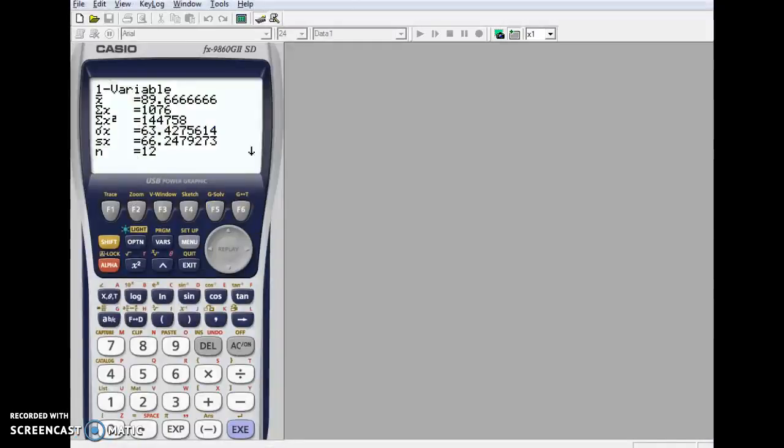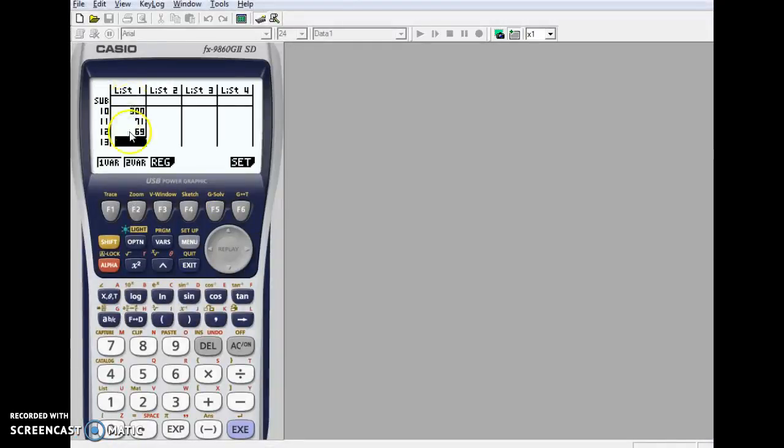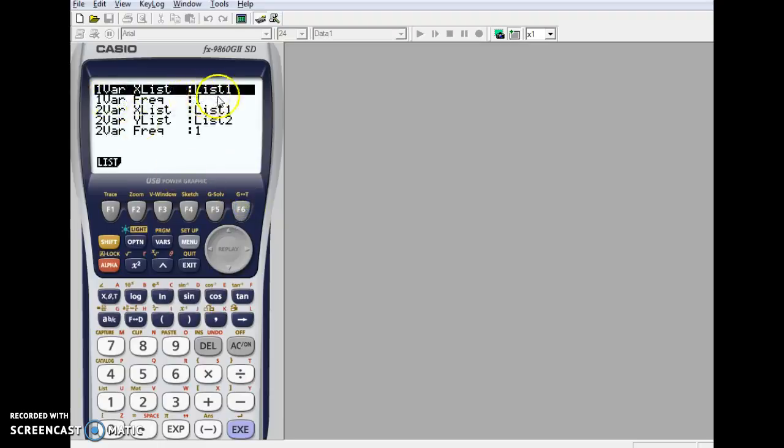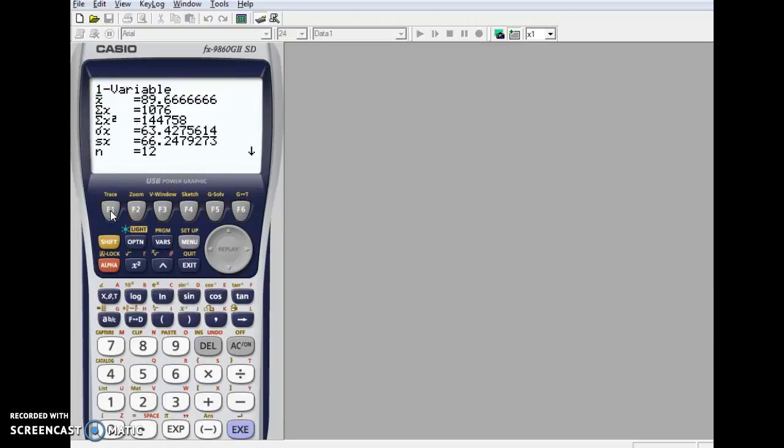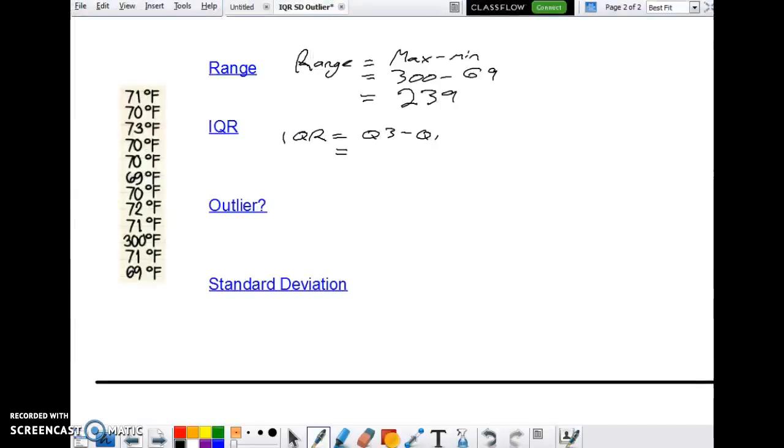So to do that, back to your calculator, chuck the data into this one, and then 1 bar. Now remember, set tells you what 1 bar is working off, so make sure it's this one. Then we go down and find out what Q3 and Q1 were. So Q3 is 71.5 and Q1 is 70. So 71.5 take away 70 gives us an interquartile range of 1.5, big difference.